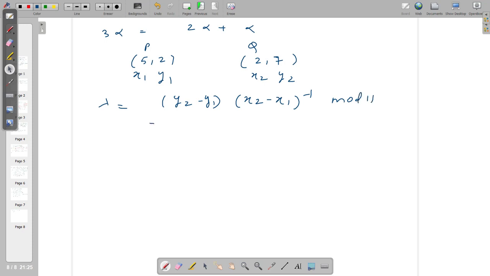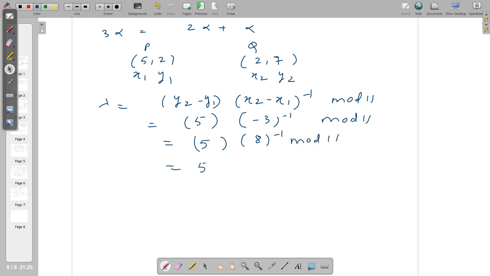So when we put the value, it comes out to be 5, it comes out to be minus 3 inverse mod 11. So now it comes out to be 5 and 8 inverse mod 11, and 8 inverse is equal to 7. So it comes out to be 5 into 7 mod 11, which is 35 mod 11, and it comes out to be 2. So lambda is 2.